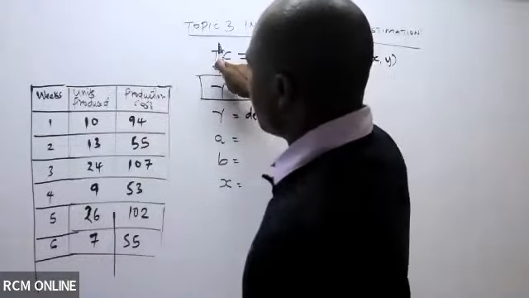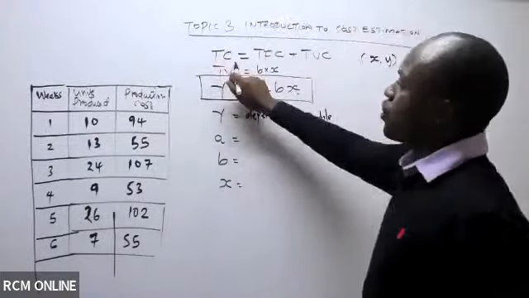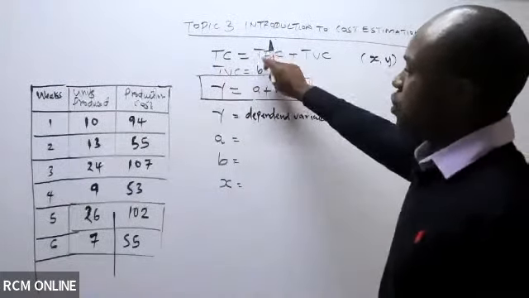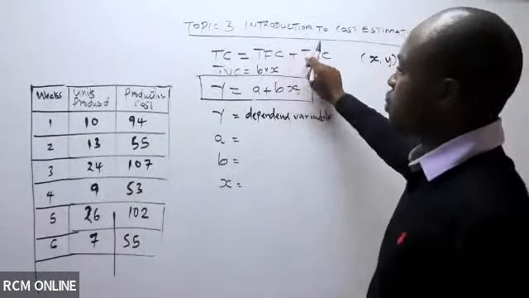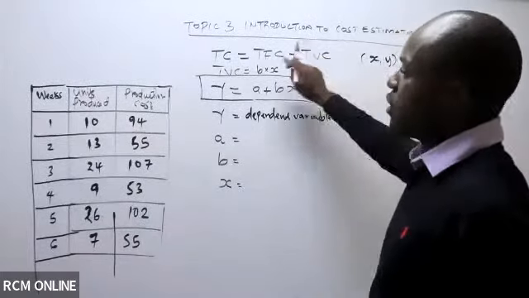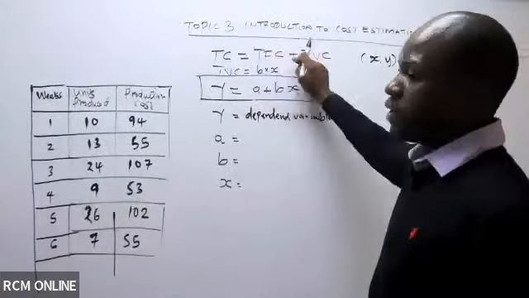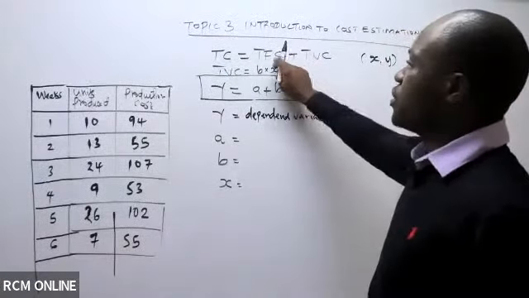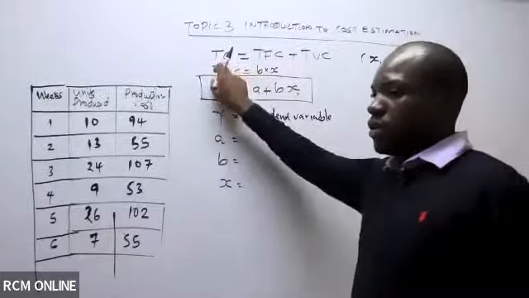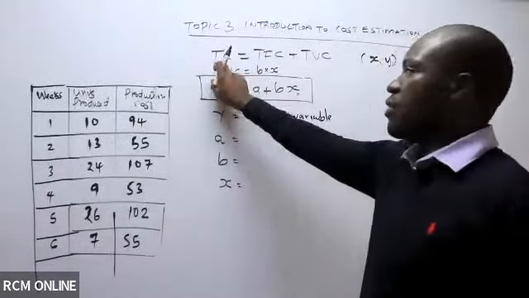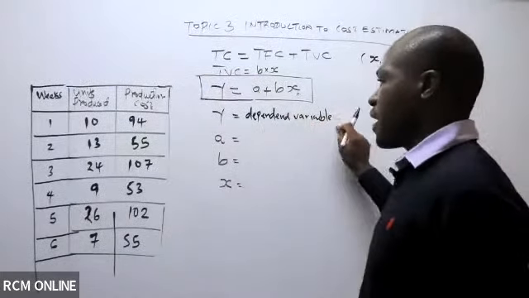You can clearly see from this point, our total cost depends on total fixed cost plus total variable cost. Our total cost is the summation of these two, and therefore, without these two, we'll not have our total cost. So we call it the dependent variable.